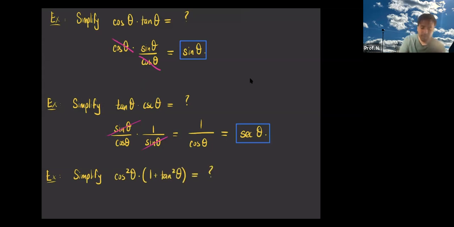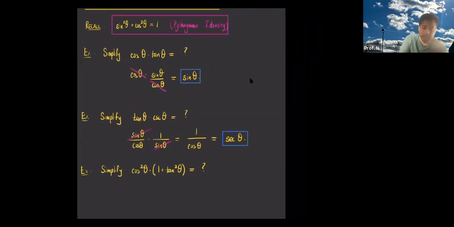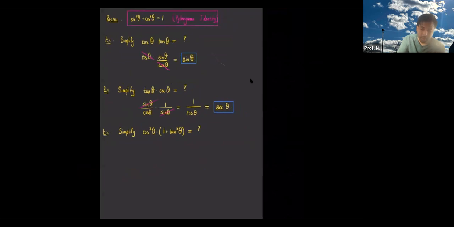Now, we have to recall other identities. This identity here is crucial to know, right? This is essential. We talked about this a while ago, so it's good to recall.